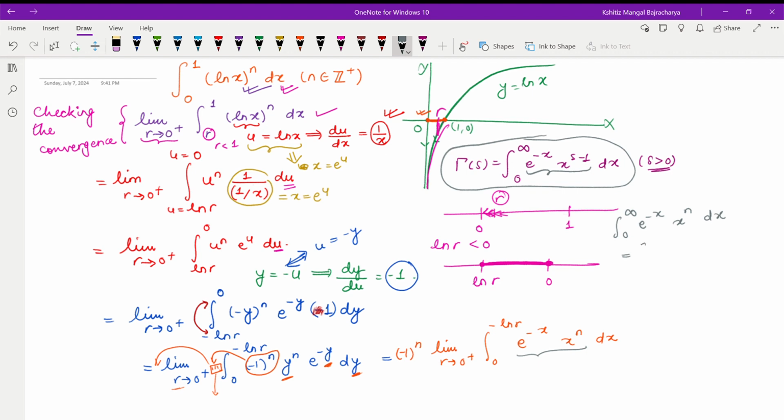This can be written as 0 to infinity e raised to the power minus x, x raised to the power n plus 1 minus 1 dx. So since we got n plus 1 instead of s, this will be equal to gamma n plus 1. Alright, gamma n plus 1.